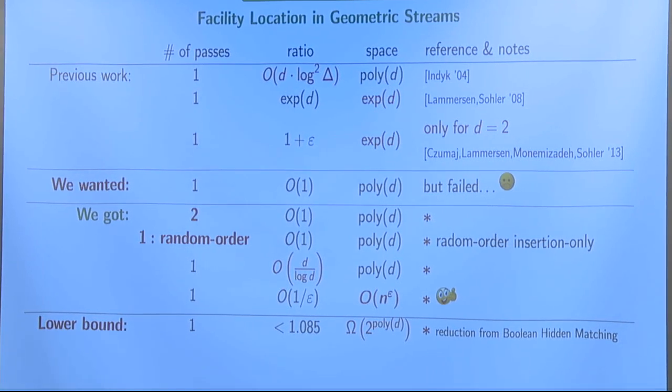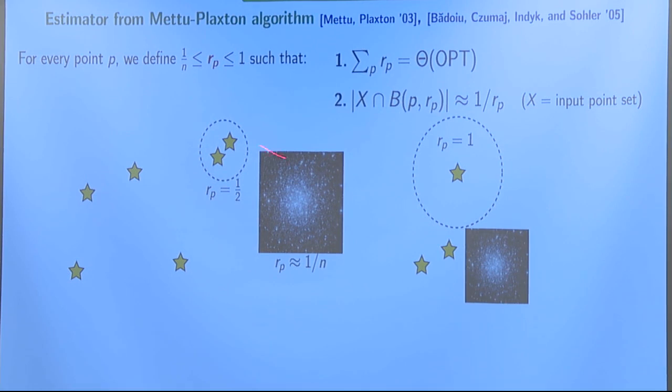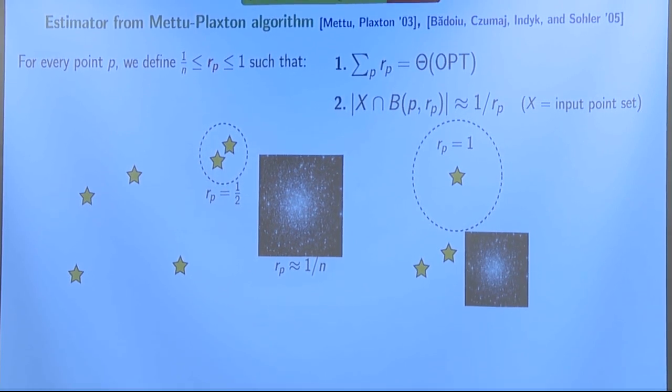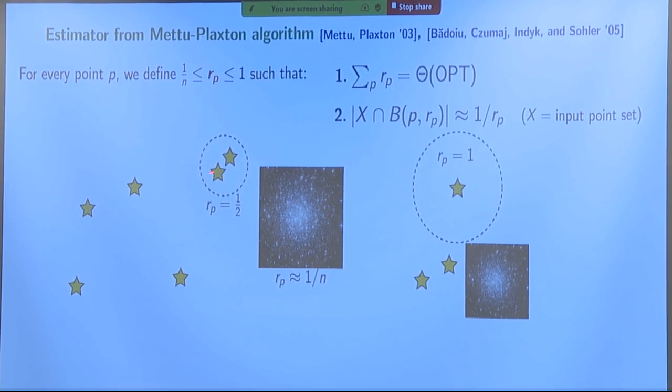Okay, so how do we actually design algorithms for facility location? There's a very nice tool from previous work, from the Mettu-Plaxton approximation algorithm. The tool is that we can decompose the optimal cost into individual contributions of the points in the instance.